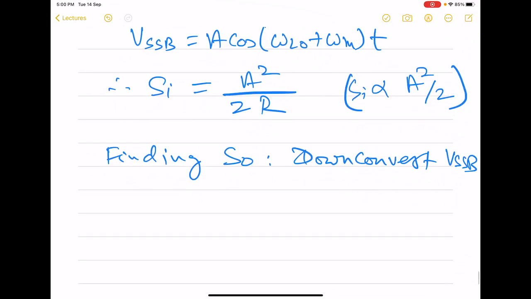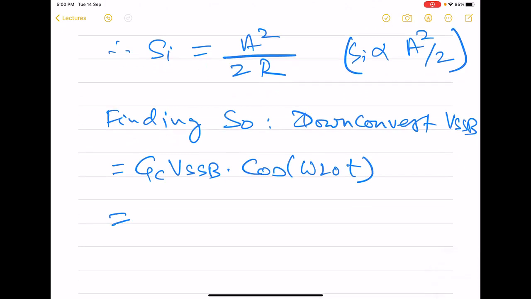So for down conversion, we will multiply it with the LO signal. When we do the down conversion, what we get is our VSSB multiplied with cos omega LO t, and of course there will be conversion gain.